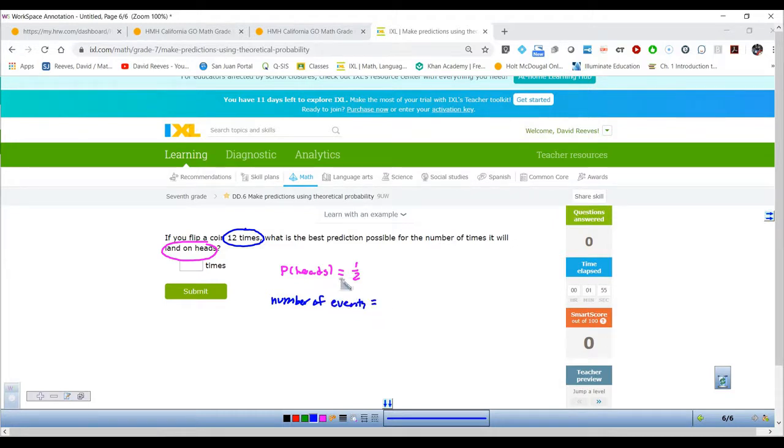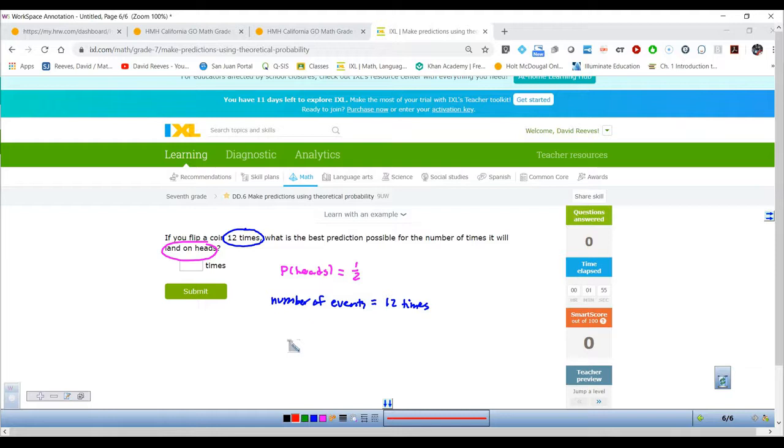How many times are we doing this event? We're doing it 12 times, right? Flipping the coin once, flipping the coin twice, flipping the coin 3 times, 12 times. And every time we do it, what is the probability that we get heads? A half, right?